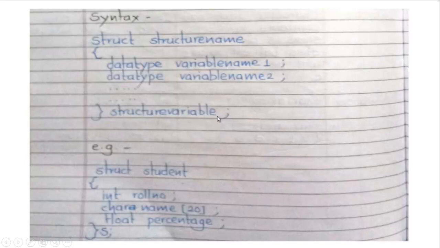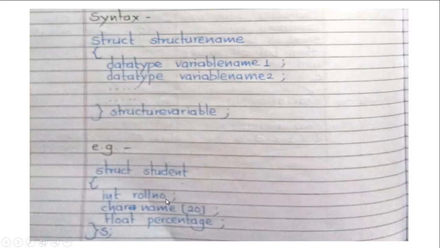and you have to give a semicolon. For example, here you can see I have created one type of structure, that name is student, and that student structure is holding the data for one student having different data types.